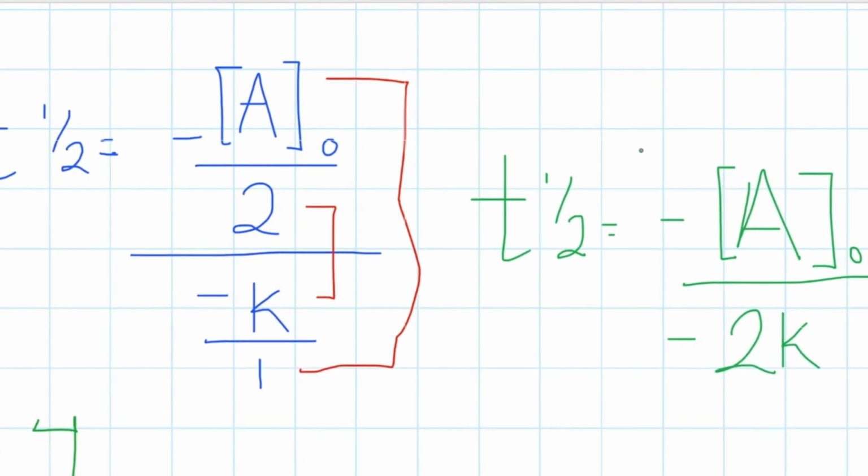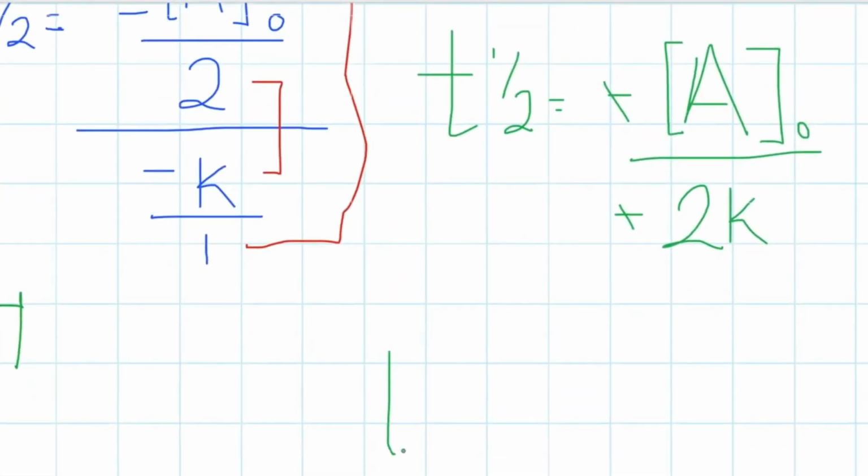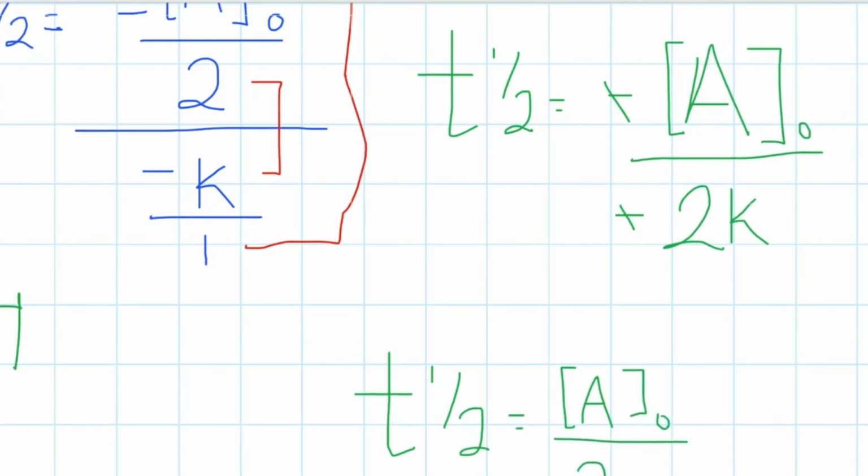And then we have negative signs, so we can cancel them out. So our resultant T1/2 for the zero order reaction is going to be initial concentration over 2K.